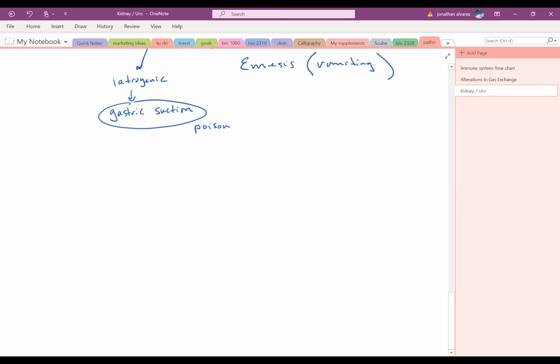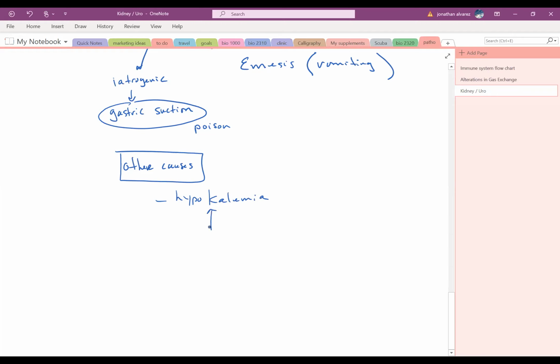Okay, some other causes to look out for in metabolic alkalosis is hypokalemia. Hypokalemia.